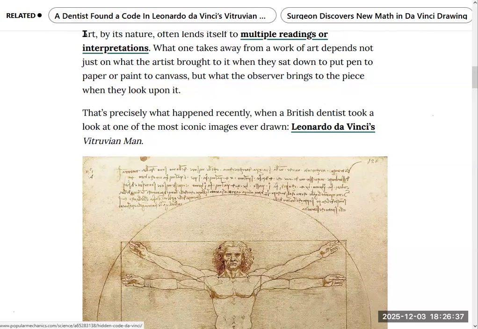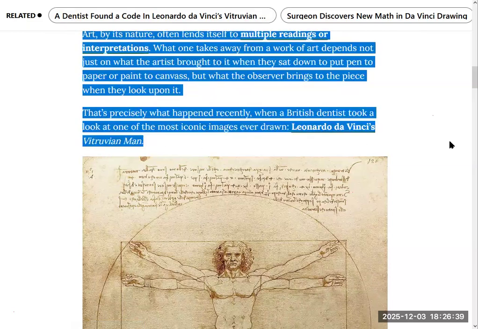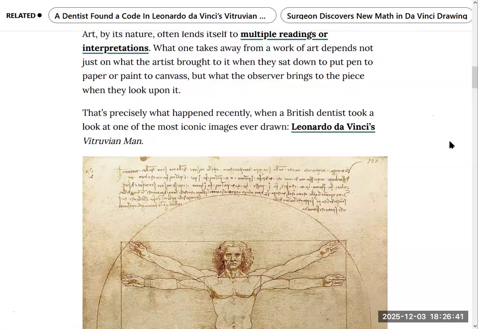So, could you read this little bit here in blue? Is that okay, Yayoi? Yes. Great. Art, by its nature, often lends itself to multiple readings or interpretations.